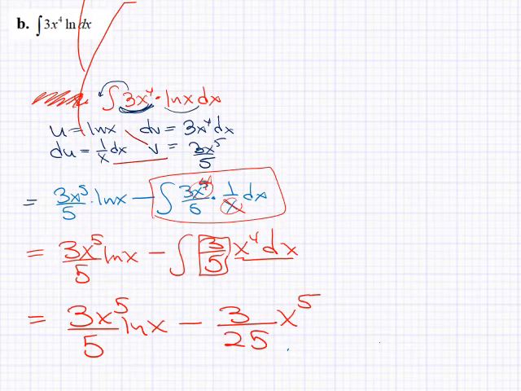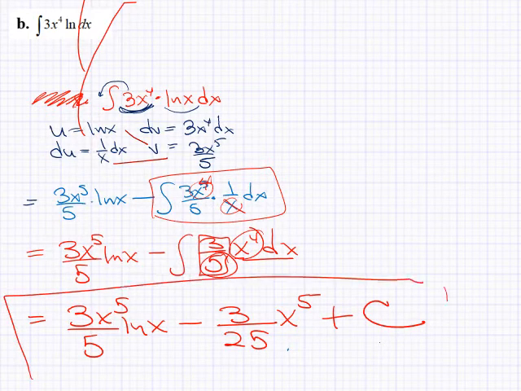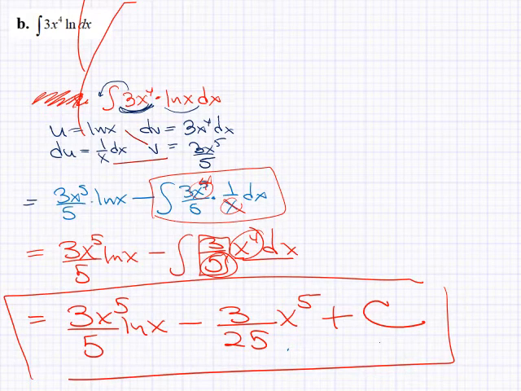Now over 25, because this would be x to the fifth over 5 with this extra 5, that's where the 25 comes in. Throw a plus c, and there is our answer. Pretty easy, as long as you do this correctly, right? If we didn't pick the right u and dv, it doesn't work out. So you need to get practice on how we do this, and the more of these you do, the better you'll get.